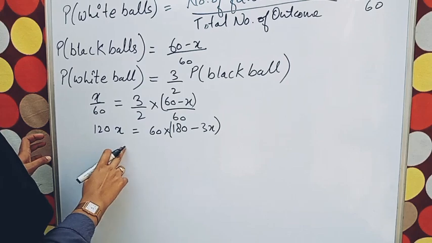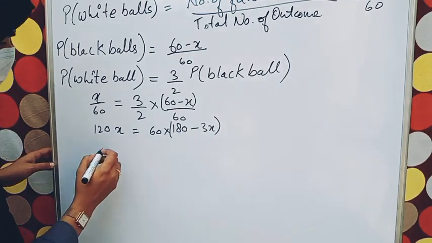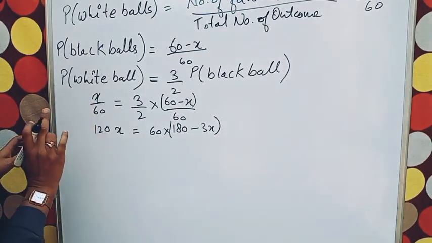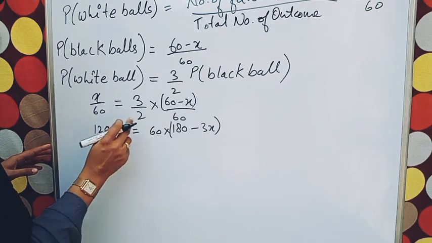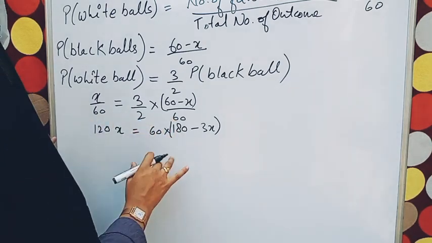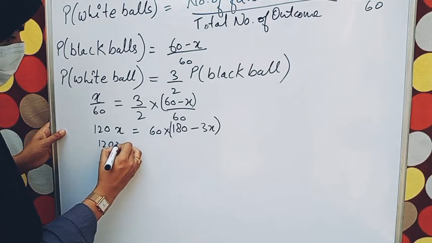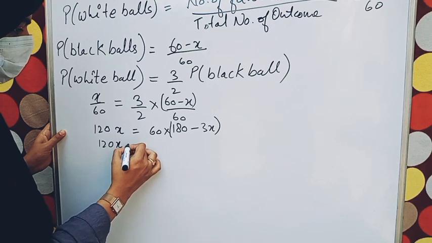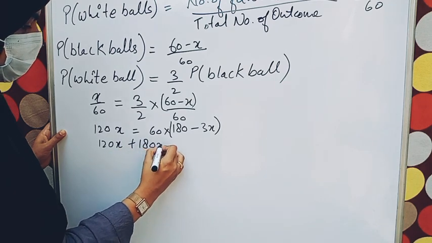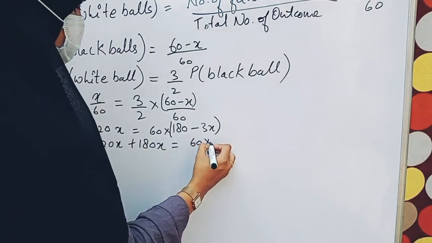It will come like this. Let's solve more, this is being cross multiplied into 60 as well. 120x and it will become plus 180x equals 60 into 180.